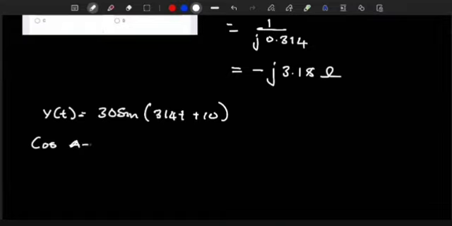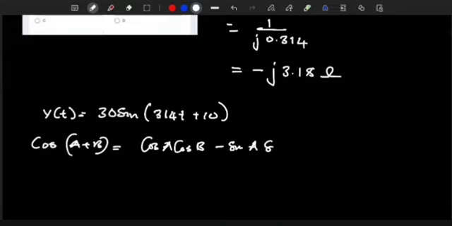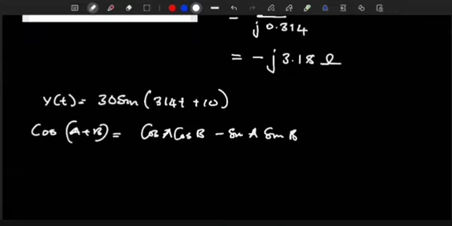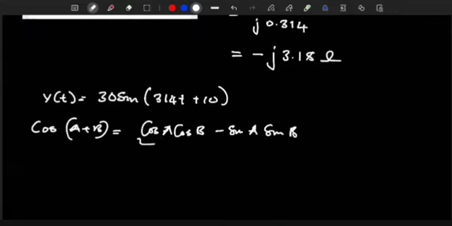We know cos(A plus B) is equal to cos A cos B minus sine A sine B. So we want this to remain as just sine.